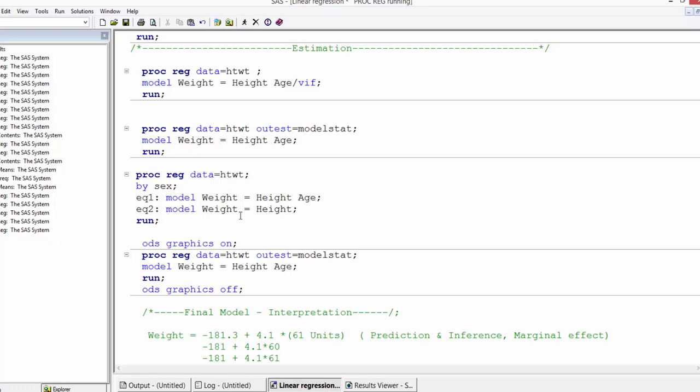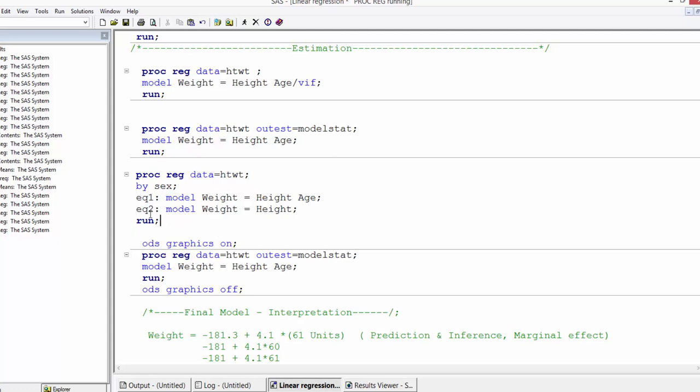Also, you can have multiple linear regression equations in the same statement. You don't have to write another model statement in order to test multiple linear regression models. Let's say you want to have weight, height and age in one model and only height in the second model. You just have to write the keywords equation 1 and equation 2 and then define the model, and it's going to take care of both models.